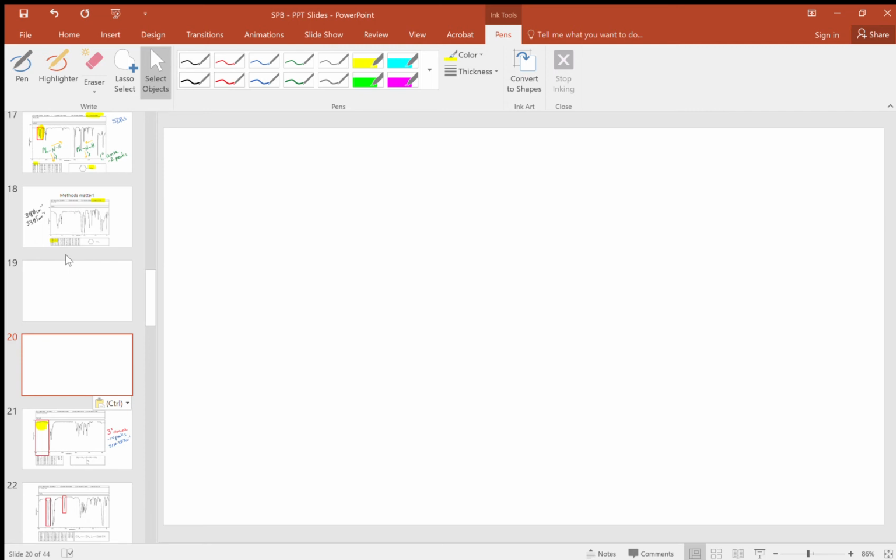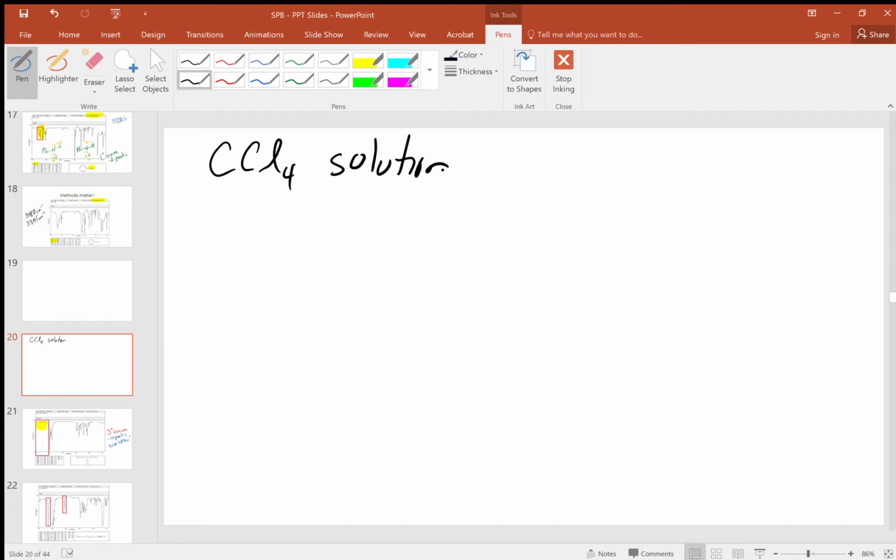So what do these different things mean in terms of the techniques? Some of these are, I would hope, pretty self-explanatory. Carbon tetrachloride solution literally means the compound has been dissolved in some carbon tetrachloride and taken as a spectrum there. When it says thin film or liquid film, most commonly the way that that's done is to use what's known as a sodium chloride plate.